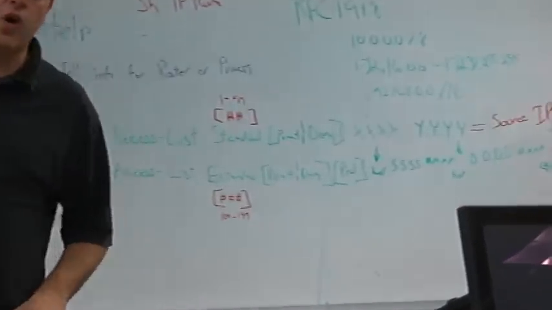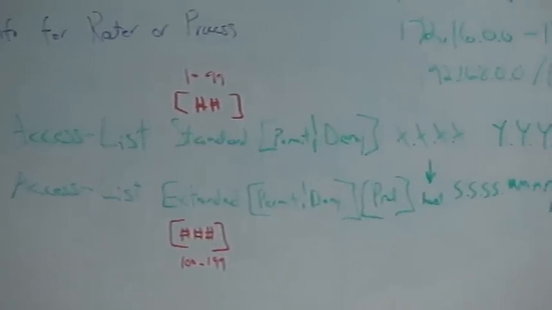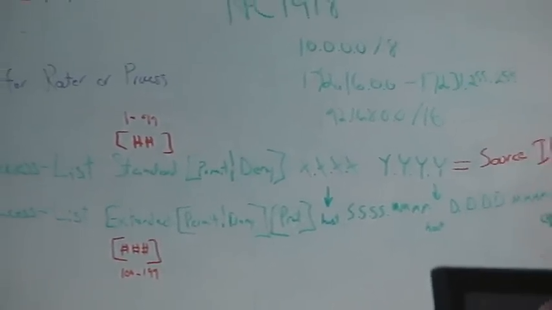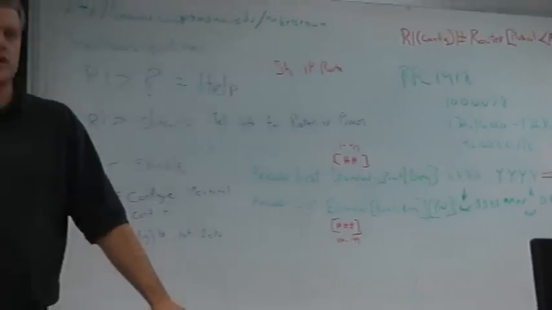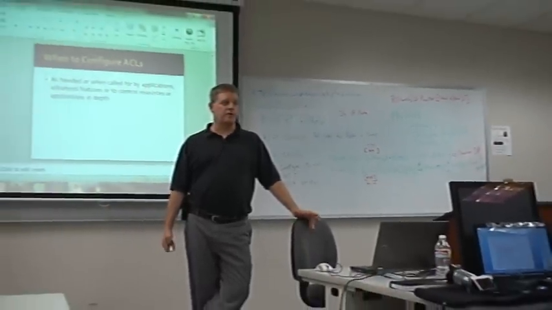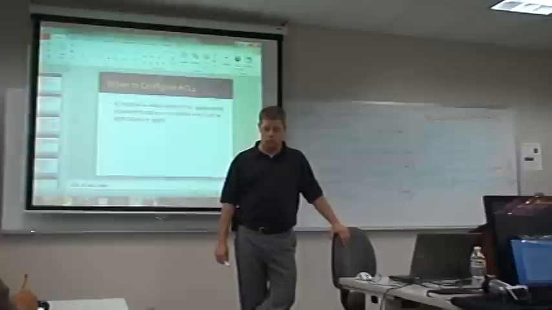Standard access lists only filter on source IP number. A little limiting, right? So if I were writing a standard access list, I could only inspect based on the source IP address. So I can either permit or deny where traffic is coming from, not where it's going to.